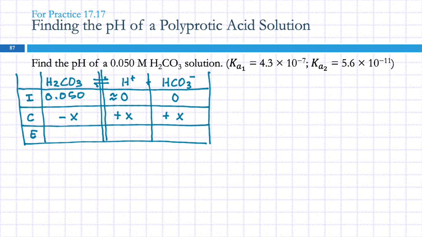So just watch out for that, because we kind of get lulled into complacency in this chapter where we don't have to deal with it. So then we'll add the top 2 rows to get our equilibrium, 0.050 minus X, X and X.